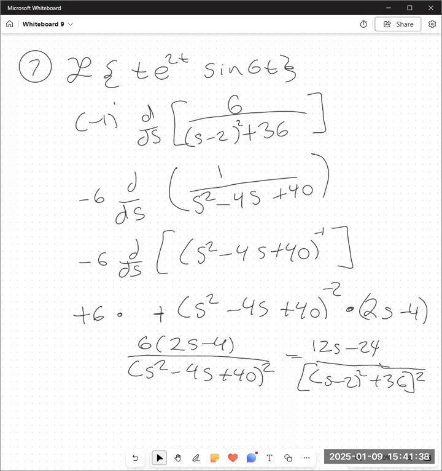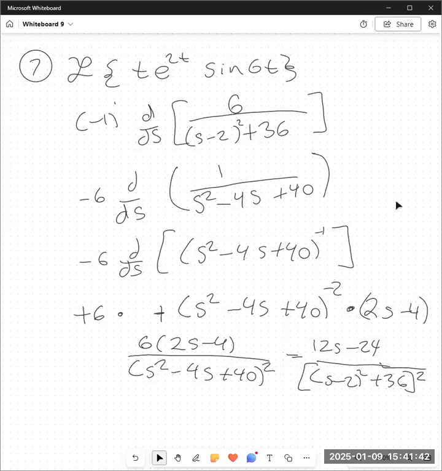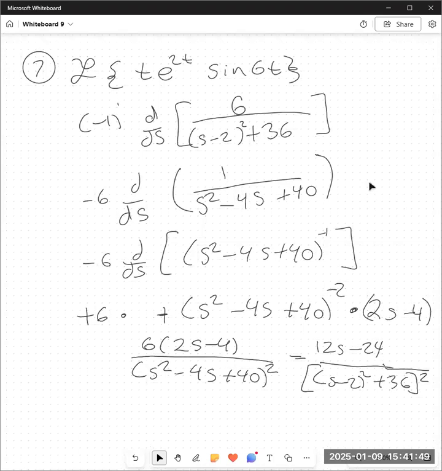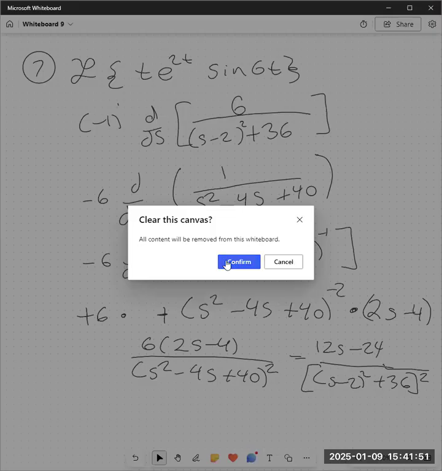Let's look at number 9. And this is going to be an initial value problem. Do 9 and 11. So 9 is y prime plus y is equal to t sine of t with y of 0 equal to 0.